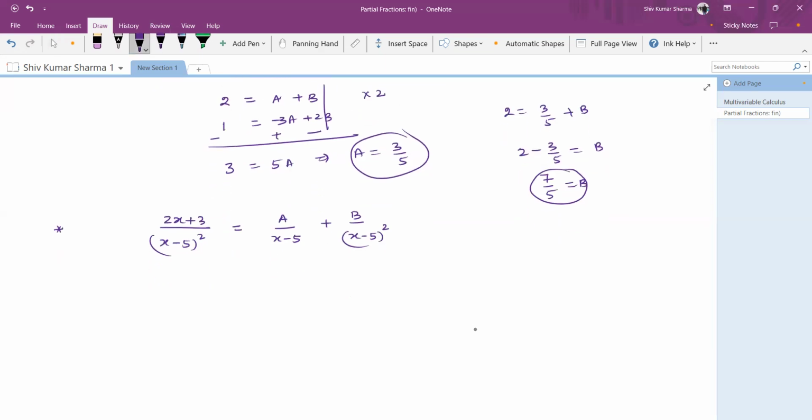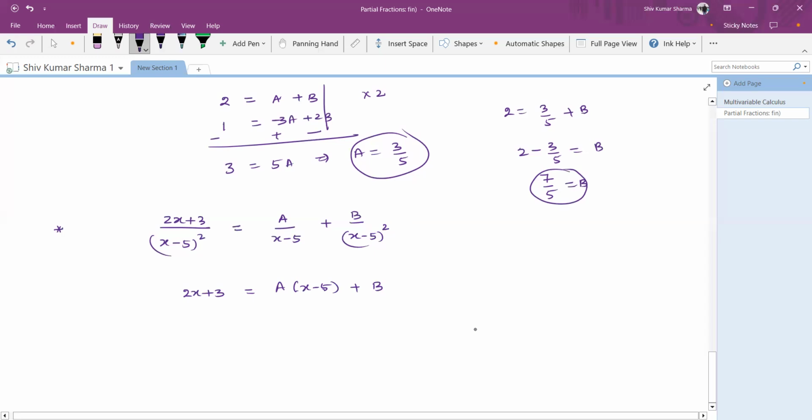So we can write 2x plus 3 is equal to a times x minus 5 plus b times 1.